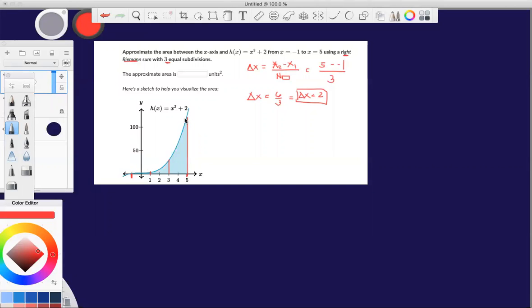Now, if you've noticed, what do you think? Is this going to be an over approximation or an under approximation since we're using the right Riemann sum? Over. Very good. So it's an over approximation.